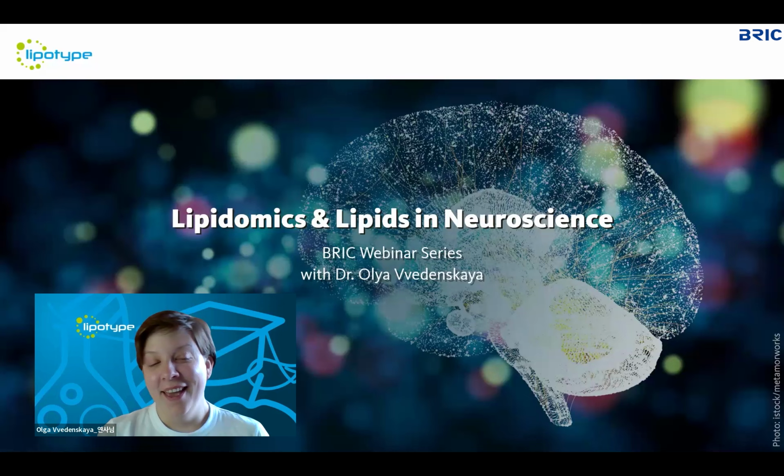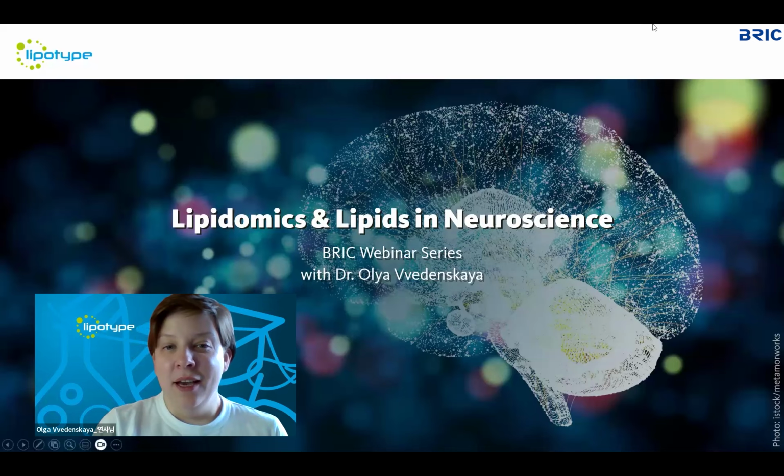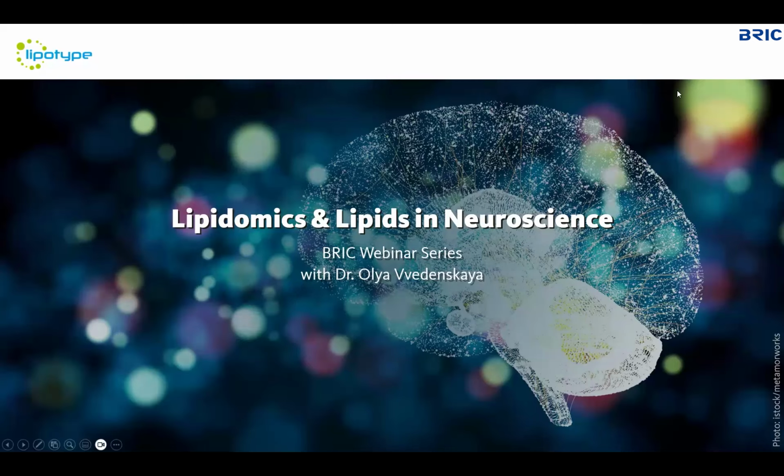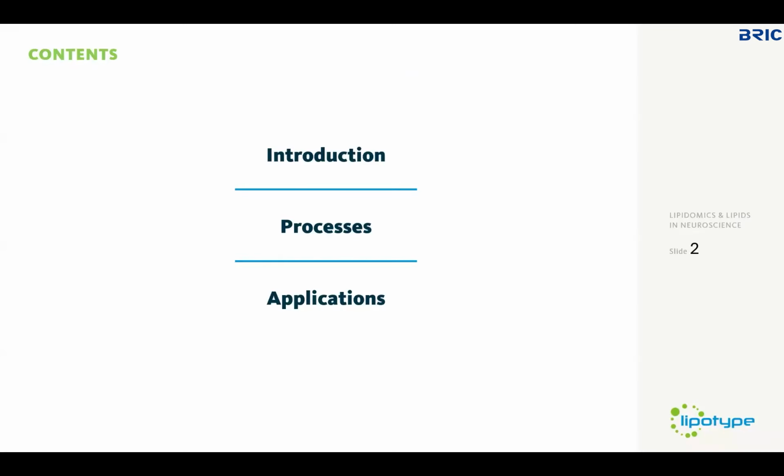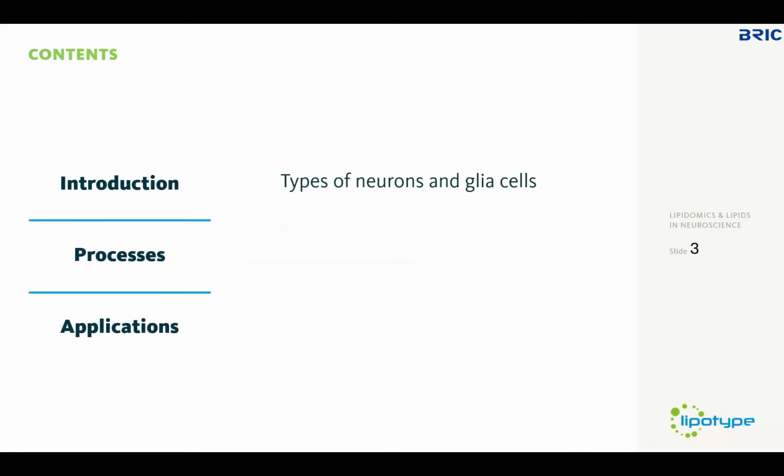I am going to talk about lipidomics and lipids in neuroscience today. The talk is built on three blocks. First, we'll go through the introduction, during which we'll talk about the neurons and glia cells.